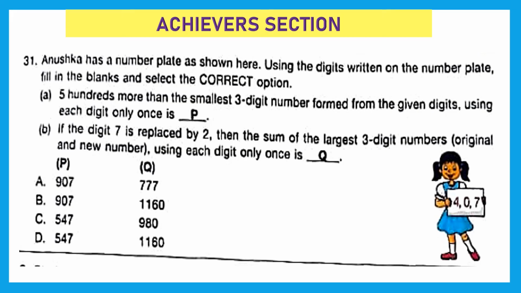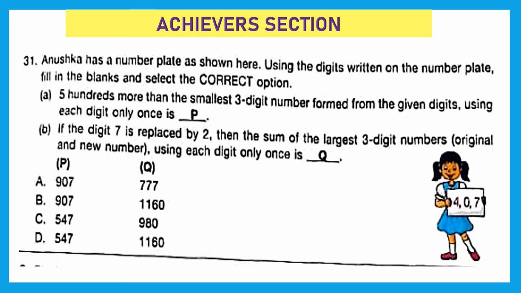So let's first find the smallest 3-digit number which we can form from 407. So ideally the smallest one which we can form is 74, right? Or 47, which is the smallest 2-digit number. And 3-digit if we have to do, it is going to be 407 only.